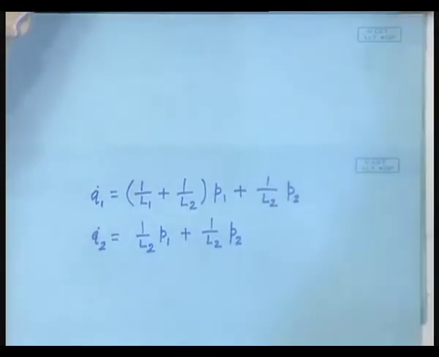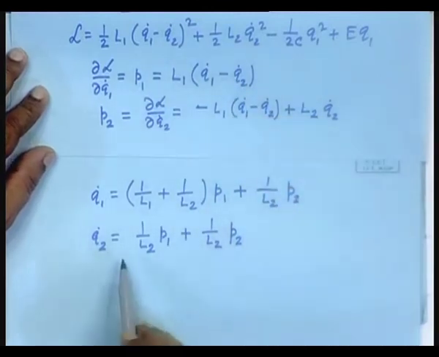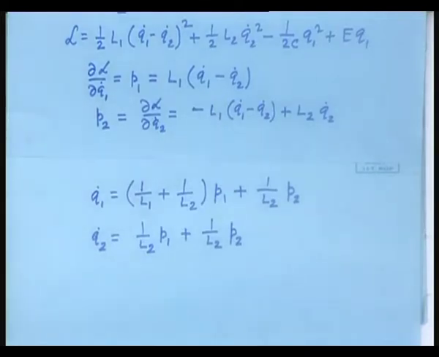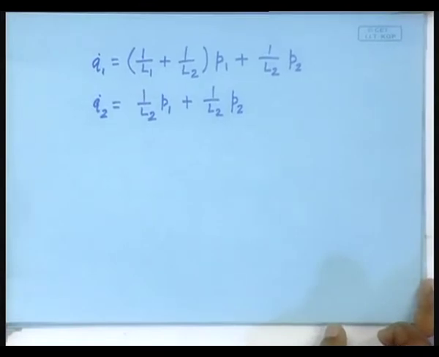From these two equations, we extract q 1 dot and q 2 dot. Having done so, we will proceed to write down the equations for p 1 dot and p 2 dot.